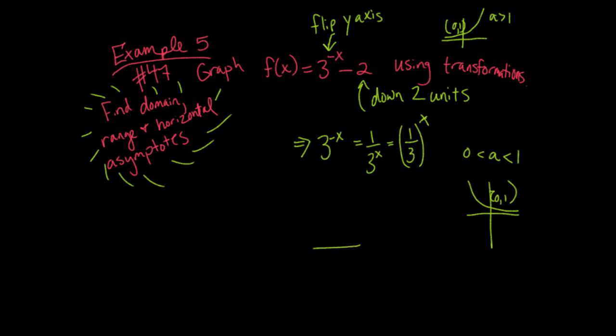So if we sketch this, rather than being at (0, 1), I'm going to shift my graph down 2 units. So here's (0, 1), but that's not a point on the graph. I'm going down. Here's (0, 0), and here's (0, -1). Rather than going up like we would for 3 to the x, and you can see then that your horizontal asymptote would be this line.